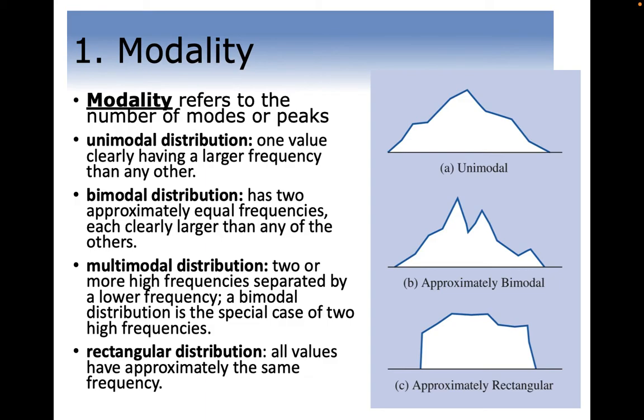Strictly speaking, a distribution is bimodal or multimodal only if the peaks are exactly equal. However, psychologists use these terms more informally to describe the general shape. Finally, a distribution with values of all about the same frequency is called a rectangular distribution.